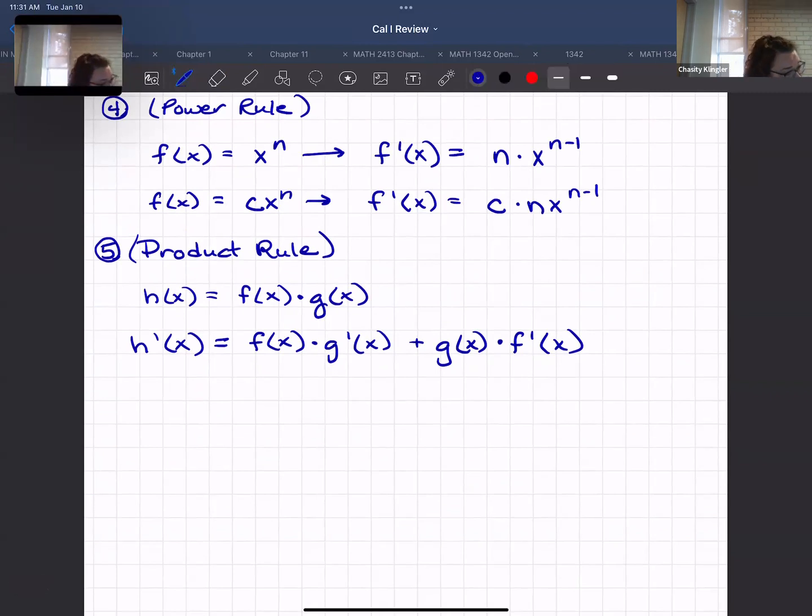Now the quotient rule, on the other hand, the order does matter.